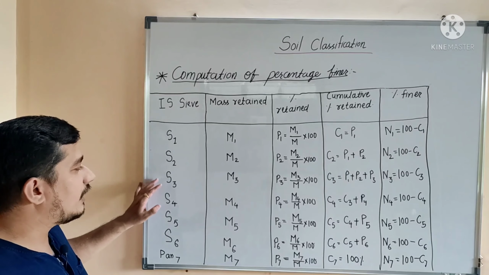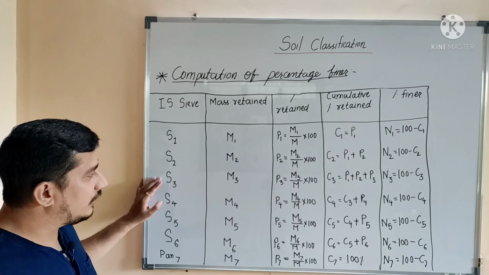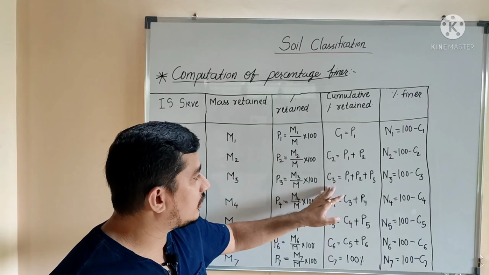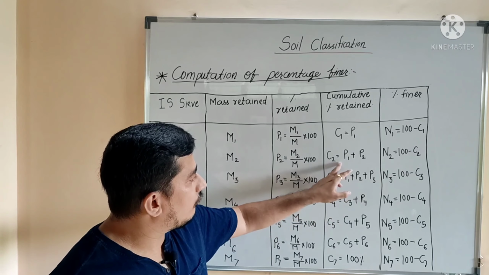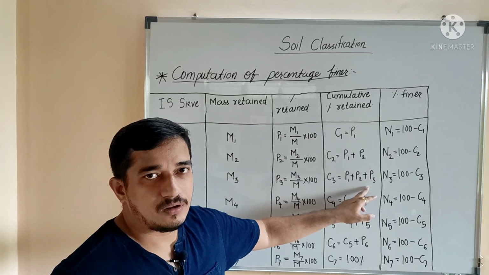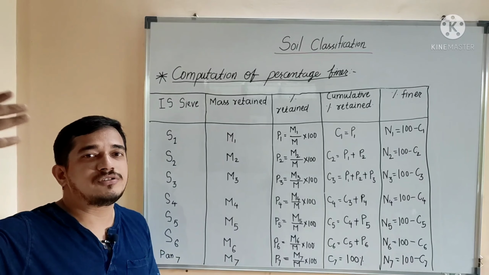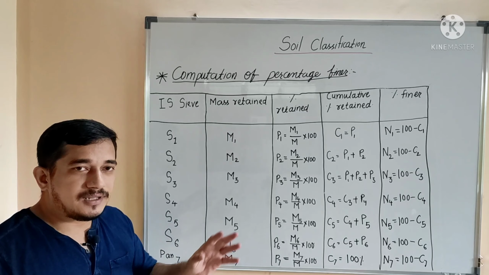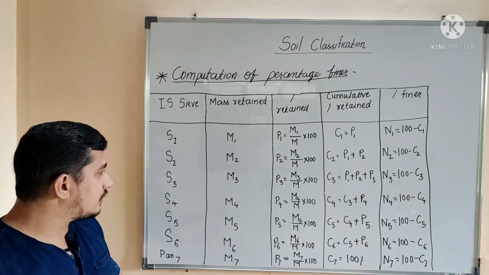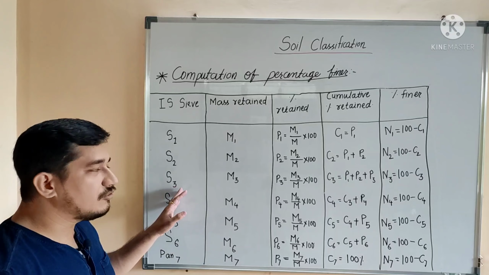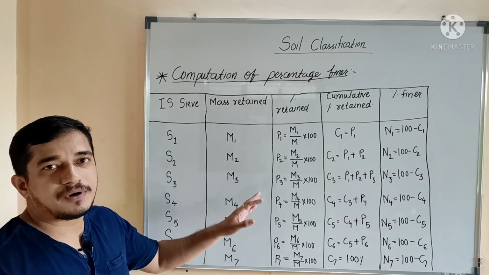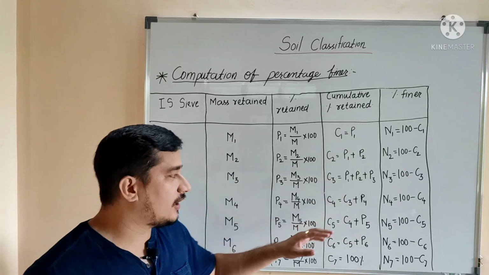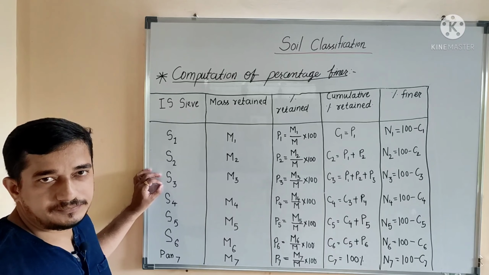But when I consider S3, the cumulative percentage retained is C3, that is nothing but the addition of P1, P2 and P3, because on all the above sieves, that is S1 and S2, certain mass is retained. Okay, that will be added together, and the mass which is retained on S3 will also be expressed in a percentage and added together. So that will be the cumulative percentage retained on S3.